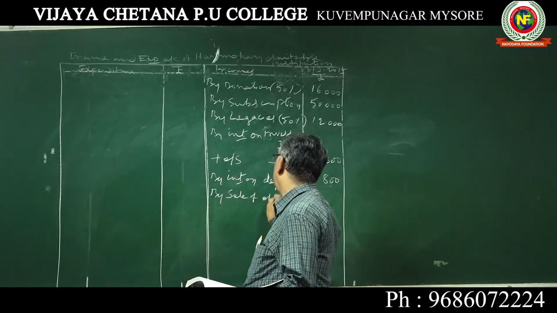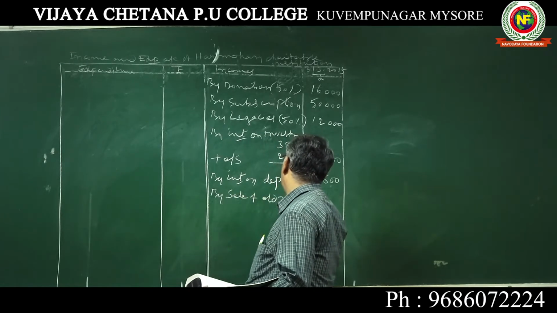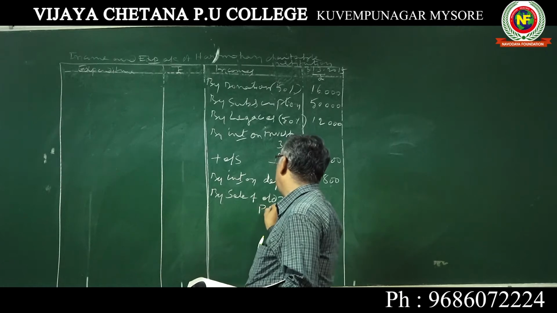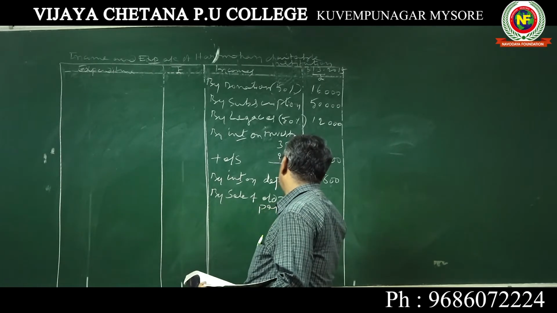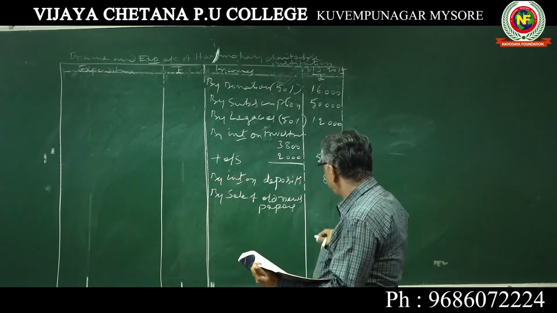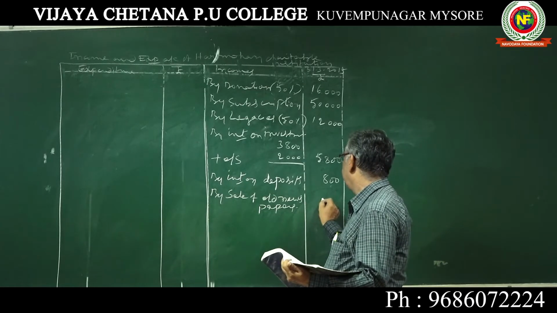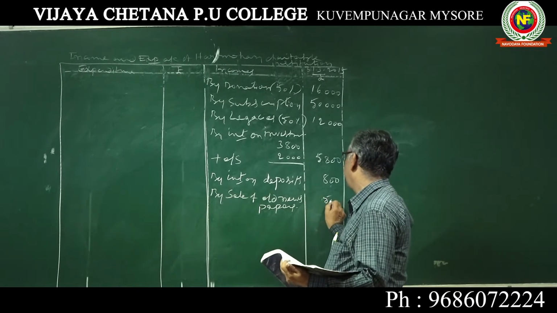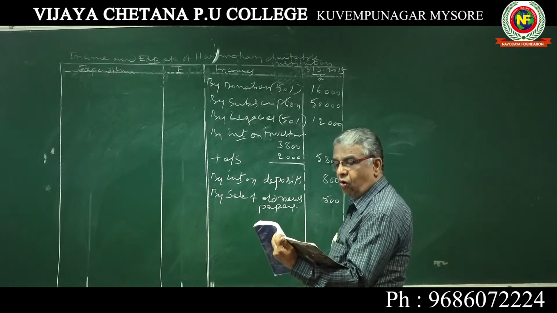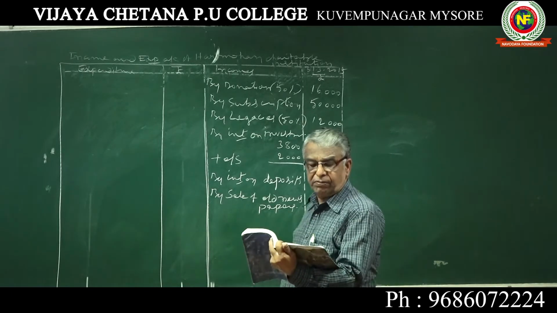By sale of old newspapers, 500 rupees. So these are all the income on the receipt side.